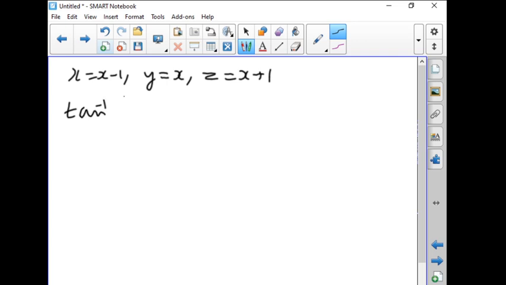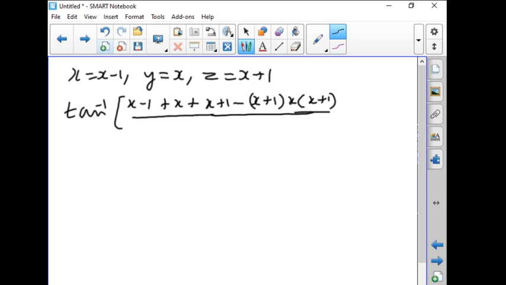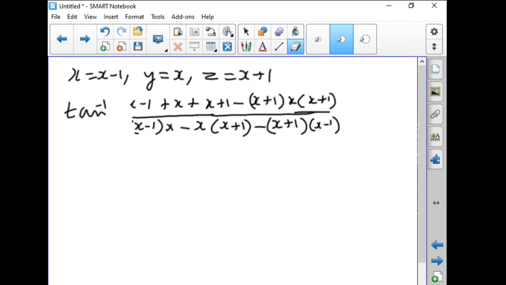So we get tan inverse of the numerator: x minus 1 plus x plus x plus 1 minus xyz, that is x into (x minus 1) into (x plus 1), divided by 1 minus xy, that is x into (x minus 1), minus yz, that is x into (x plus 1), minus zx, that is (x plus 1) into (x minus 1).